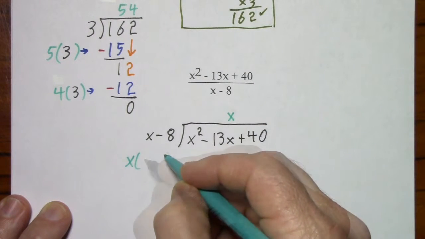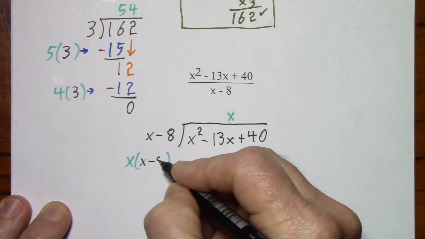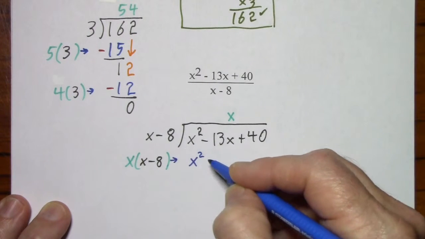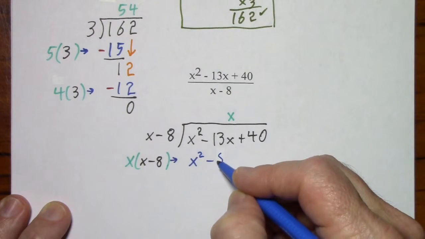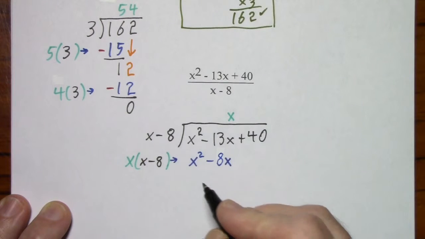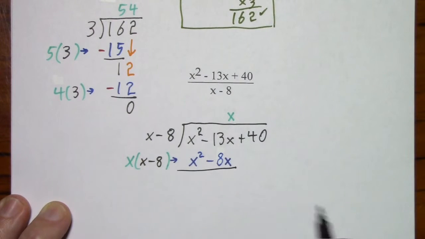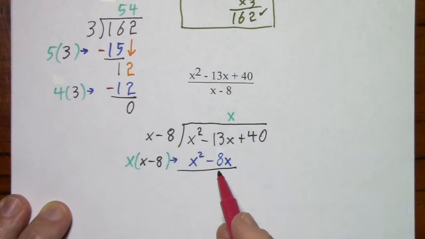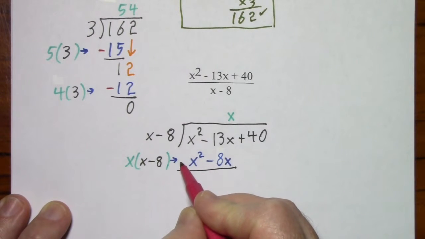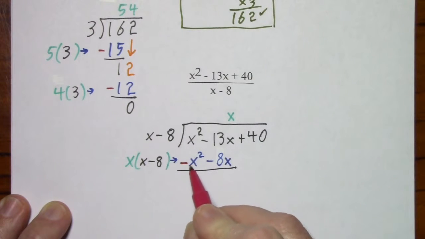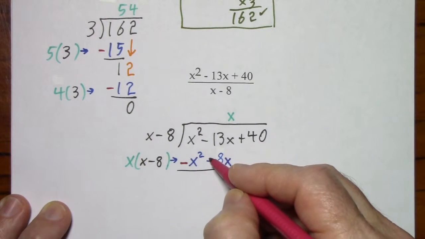And x times x minus 8 gives you x squared minus 8x. And just like up here we subtract, but here when you subtract you have to apply that to each term. So effectively you change that sign and you change this sign.